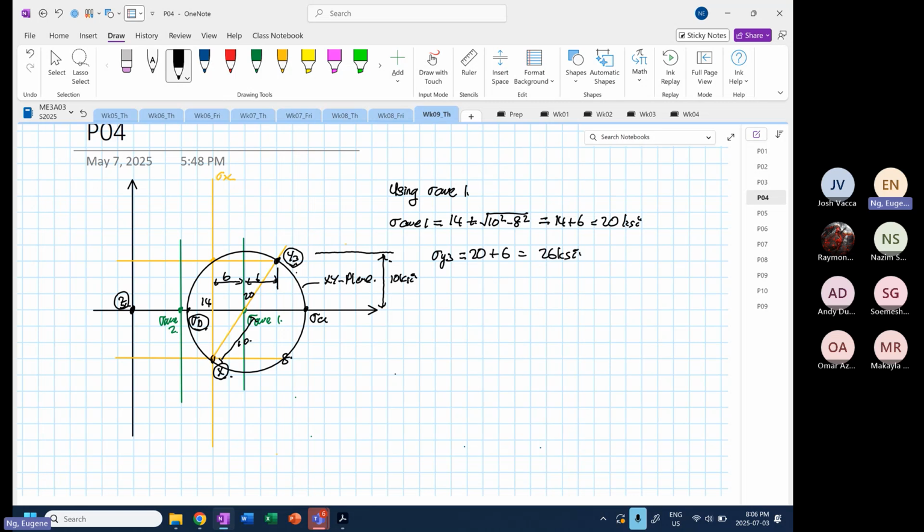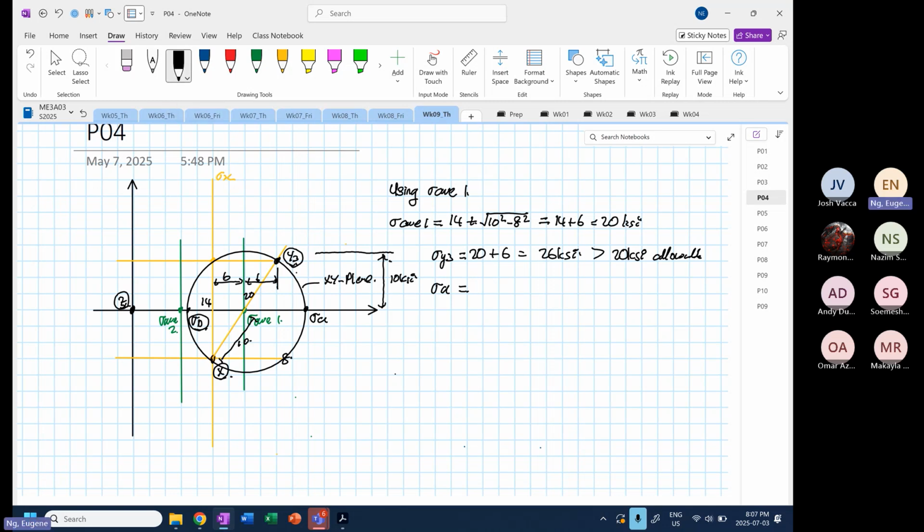And 26 KSI is greater than 20 KSI, which is the allowable. If you want to calculate stress A, it will not be equal to 14.